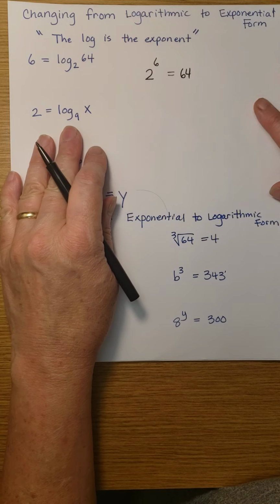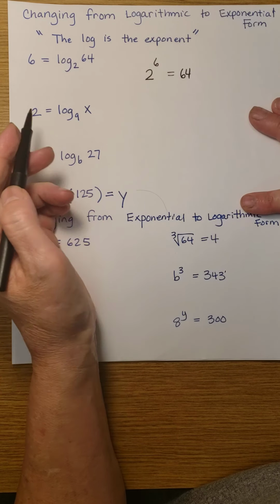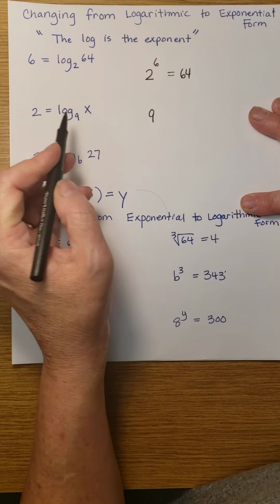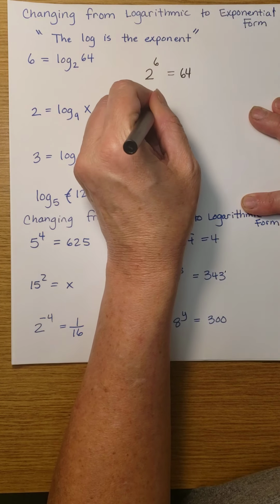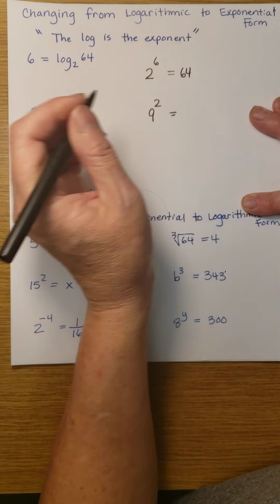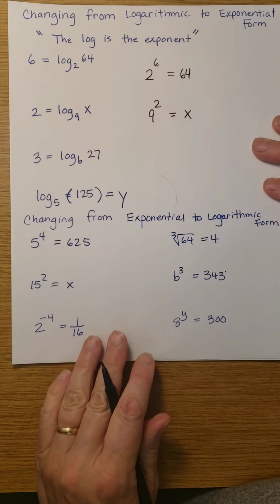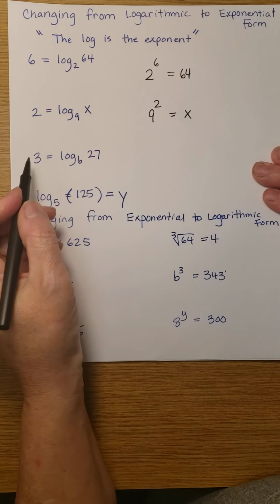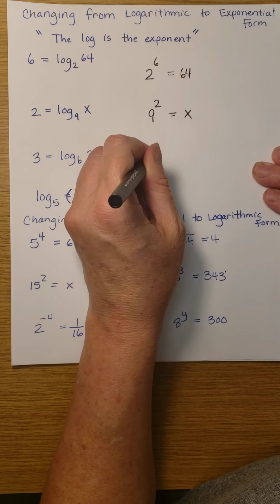All right, let's try this one here. Here's the base because it's on the bottom. So the base is 9. I can write that down. The log is the exponent. So I put the 2 in the exponent. And the number left, in this case it's a variable, is written. Now here, the b is on the bottom, so that's the base.